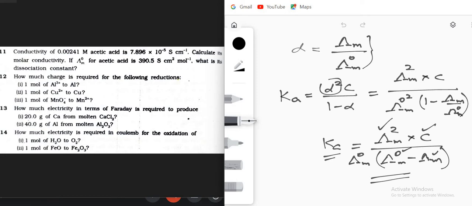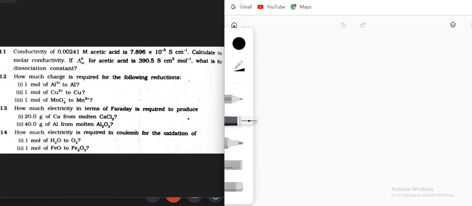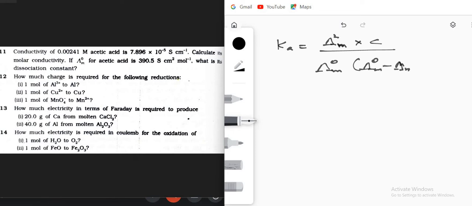So the formula is Ka is equal to lambda m square, this is molar conductivity at the given concentration, into C divided by lambda m naught into lambda m naught minus lambda m.